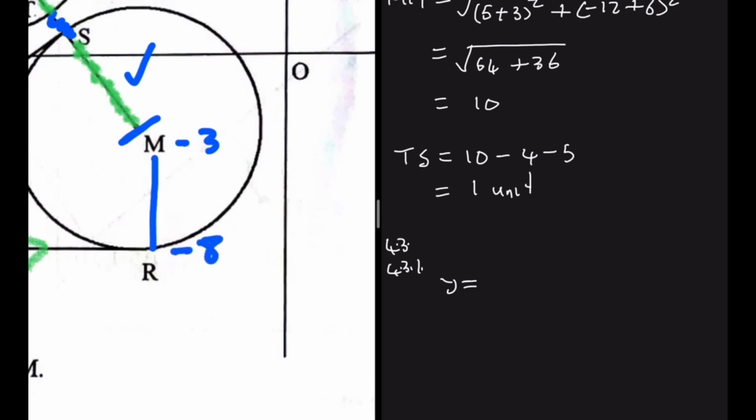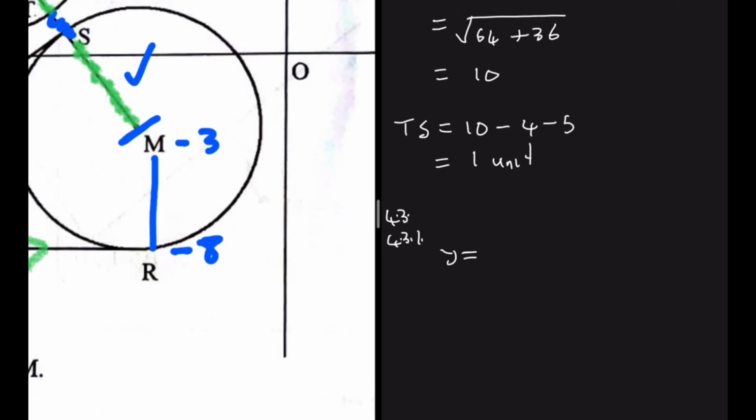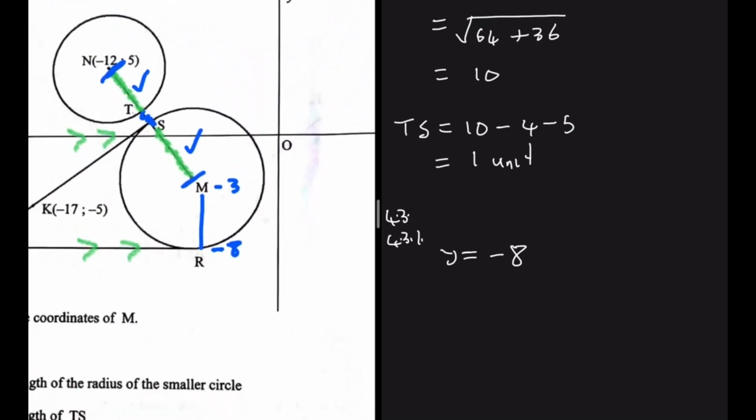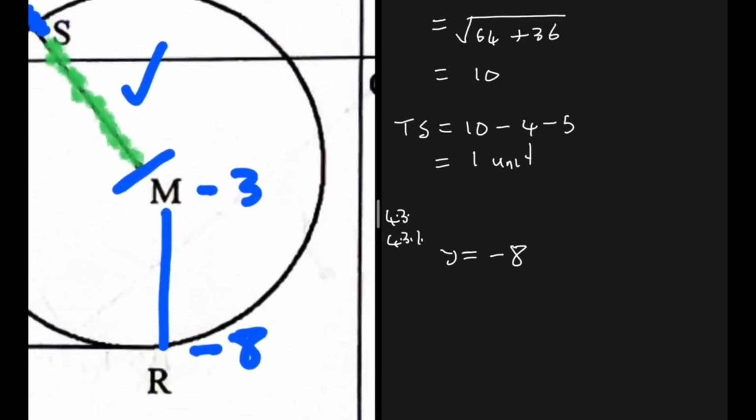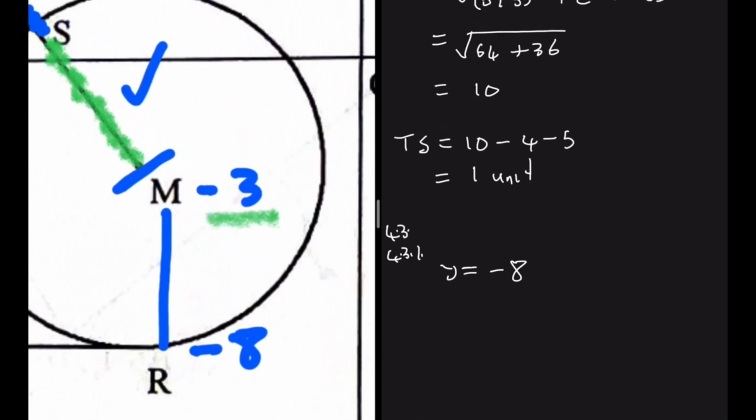So the y coordinate of R is minus 8, right? So now we're going to have y is equal to minus 8, and that's all we have. That is the equation of our tangent PR. Right, now moving forward, I think you can also take this x value and substitute it in the equation for that circle. You would get y is equal to minus 8, and then have your tangent PR being equal to minus 8.